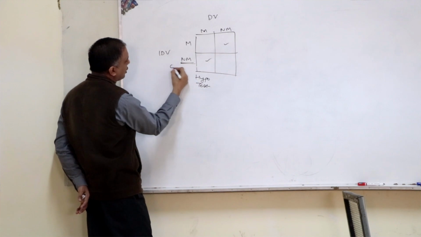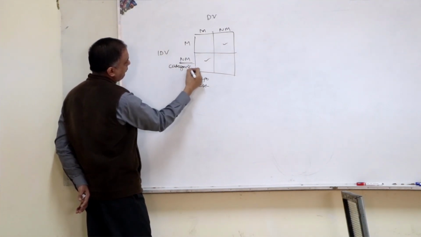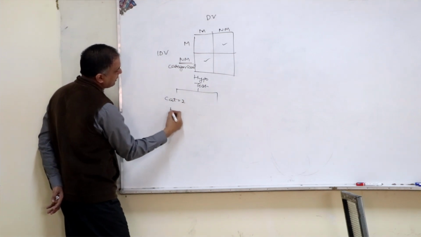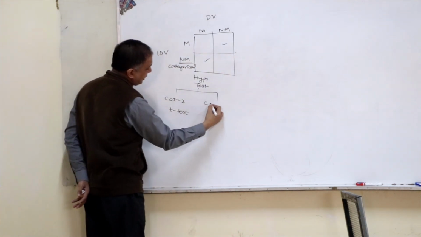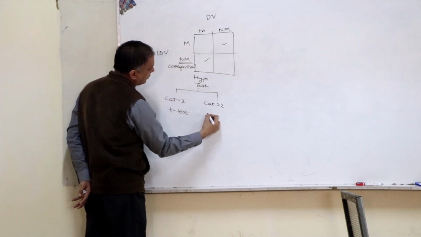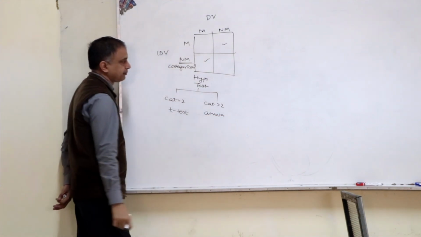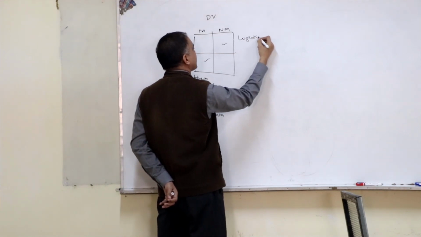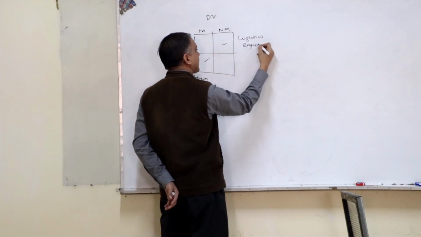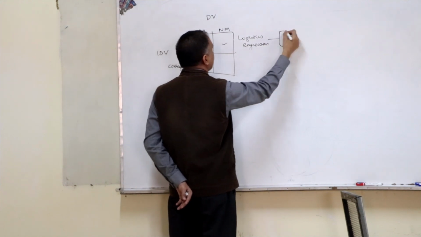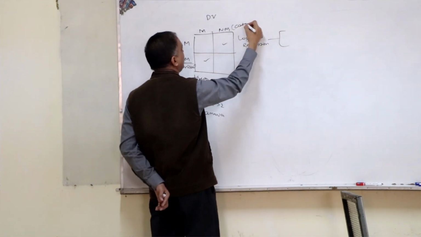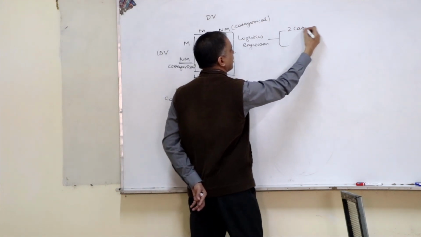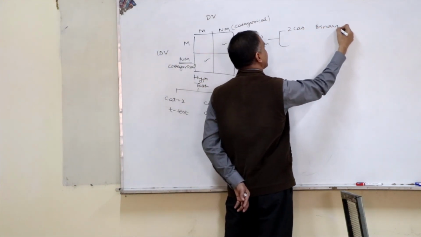Since it is non-metric, also called categorical, we ask how many categories we have. If the categories are 2, the name is logistic regression. Here, dependent is categorical. If there are two categories, we will apply binary regression.